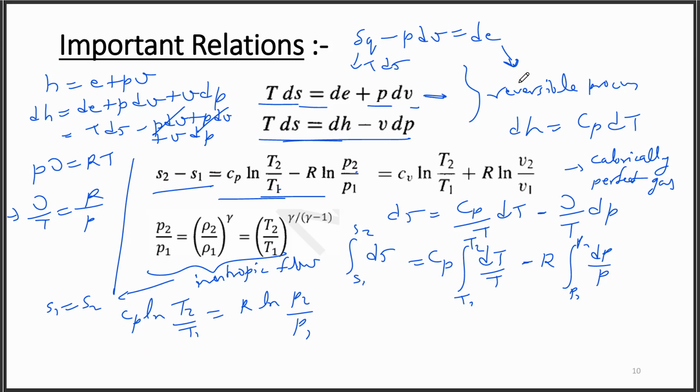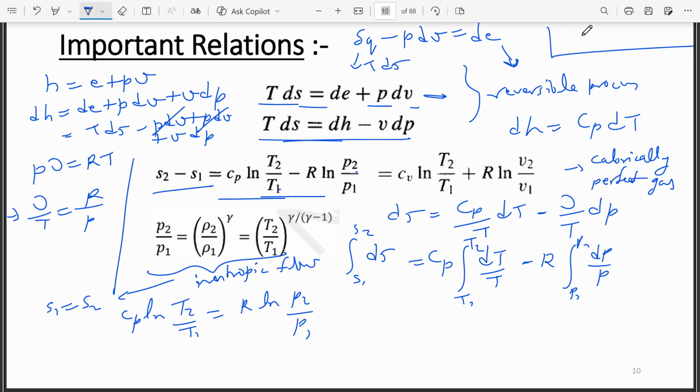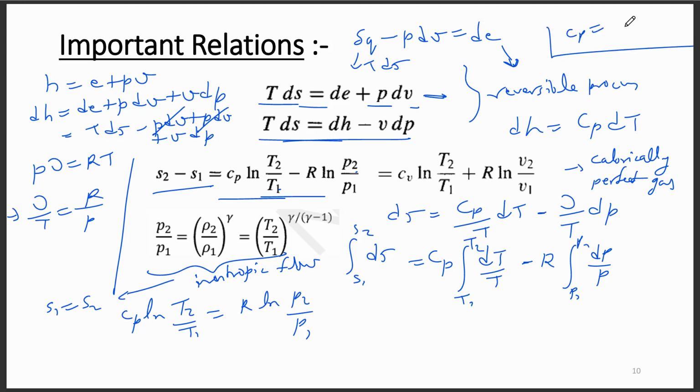Here it is not given, but Cp equal to gamma R upon gamma minus 1. We will substitute it here, so this R will cancel. So we will get gamma upon gamma minus 1 log T2 upon T1 equal to log P2 upon P1.